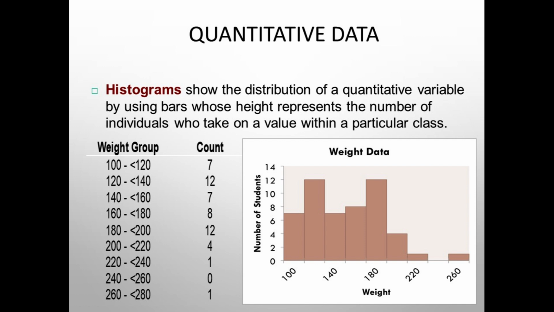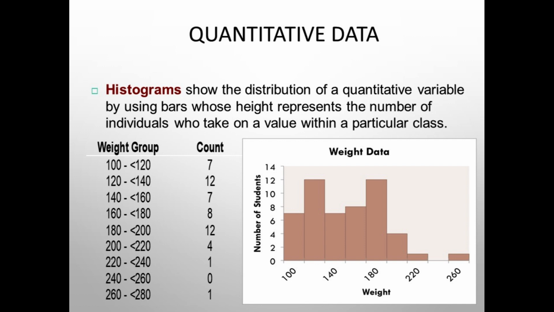When interpreting a histogram or any other graph, we try to describe an overall pattern and also identify any striking deviations from that pattern. For instance, here we see that the majority of students weigh between 100 and 220 pounds. The distribution across different categories in this range is approximately uniform, except for the 120-140 category and the 180-200 category.